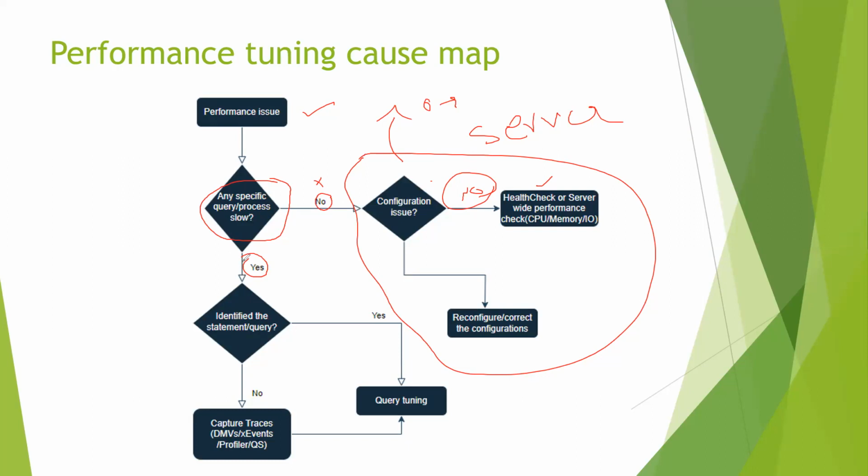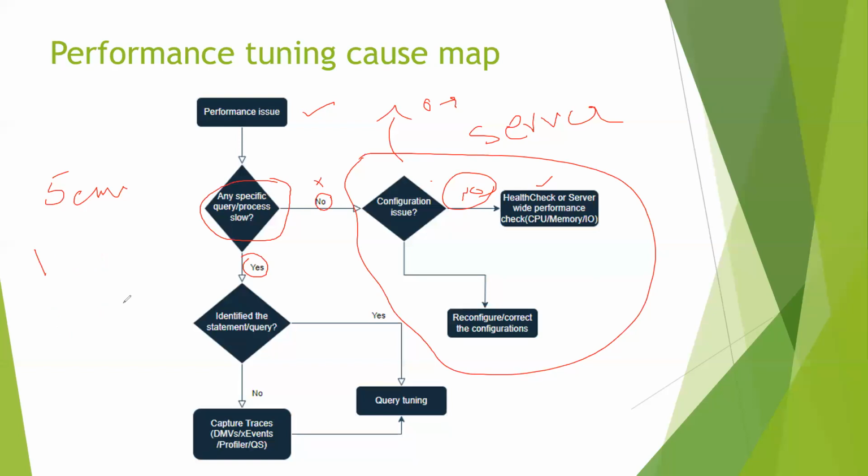So a specific query or specific job or stored procedure, whatever it is. So we know that a specific job runs every day at around 5 a.m. and used to execute within 1 hour. Now it is taking 5 hours, or now it never completes.